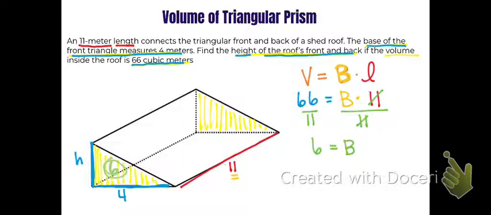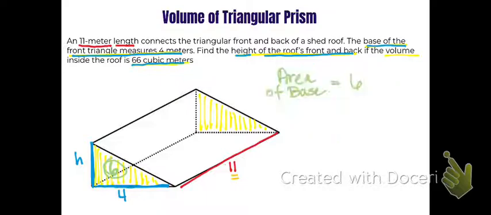So how can we then use that to find the height of the roof? This is where it can also get confusing because we're referring to this as the area of the base, and now let's think of it as the area of a triangle.